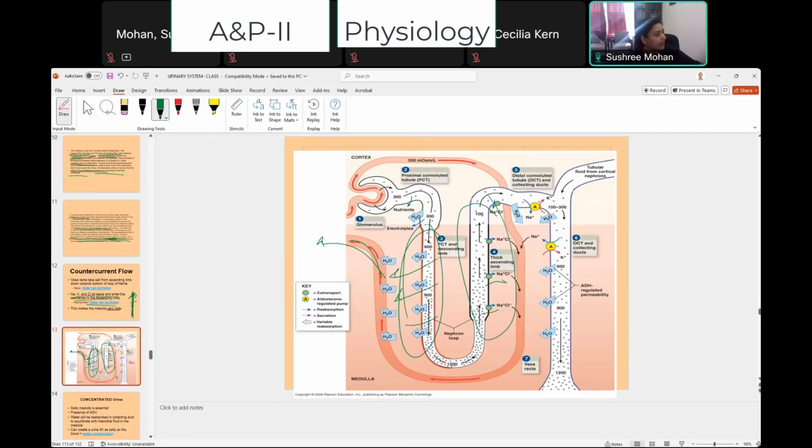But over here, when you bring in ADH secretion and you insert aquaporins, these are like dotted lines. Why? Because the water is coming out, but with the help of ADH and aquaporins. So now water can get reabsorbed back.